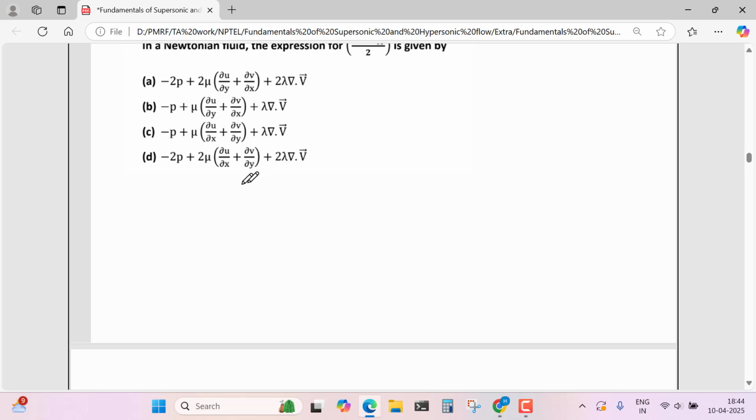So we have derived the equation for sigma ii, which was minus p plus 2 mu dou ui upon dou xi plus lambda del dot v.